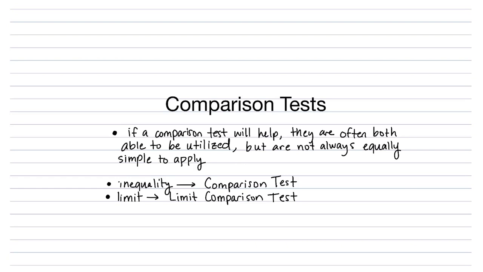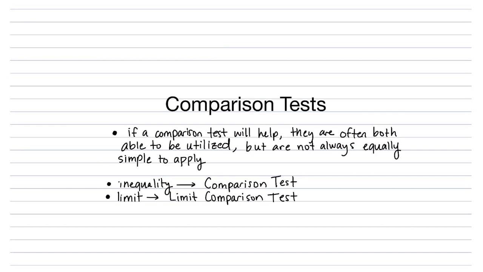So between our two comparison tests, there is the first type, the regular comparison test, and then there is the limit comparison test. Between the two, it all depends on what you're seeing easier. If you can see an inequality that you can relate to your series, and you're looking to relate the series you are trying to show as convergent or divergent to a series that you know something about.